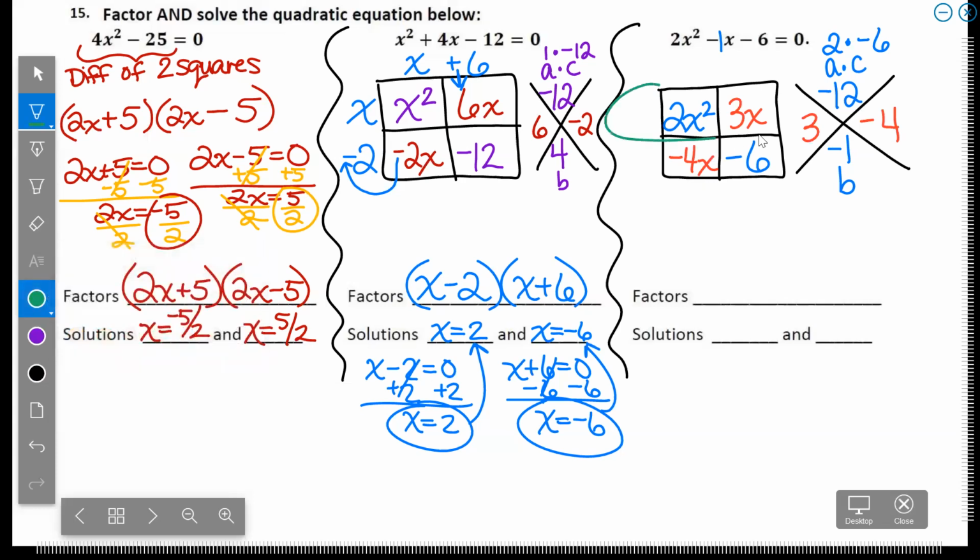Two at a time now. Across the top. Do 2 and 3 have anything in common? No. What about 2x squared and 3x? Do they have anything in common? X. Down on the bottom, negative 4x and negative 6. Can negative 4 go into 6?